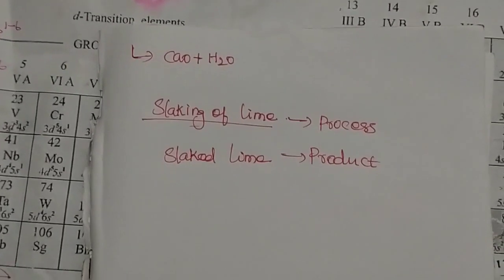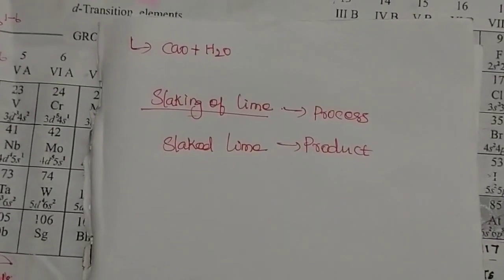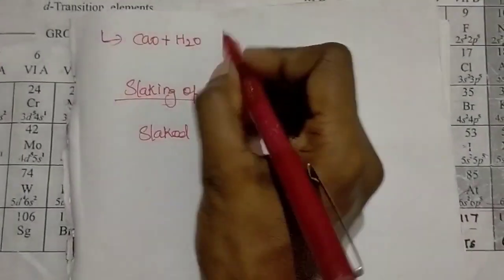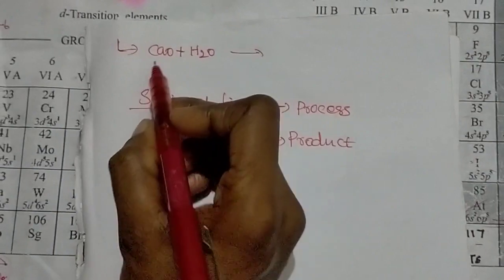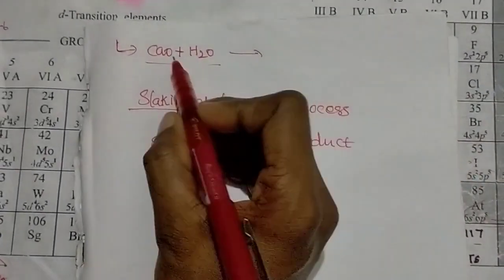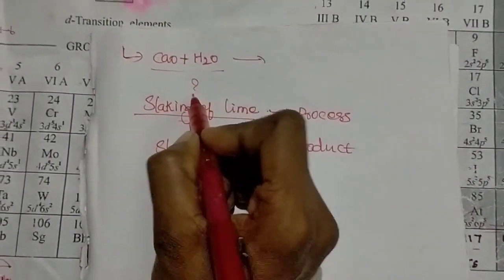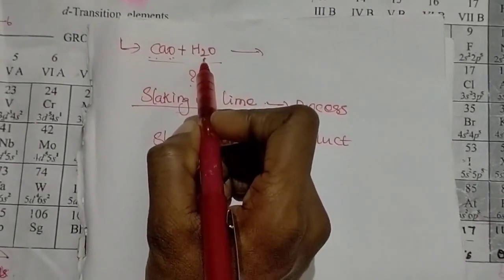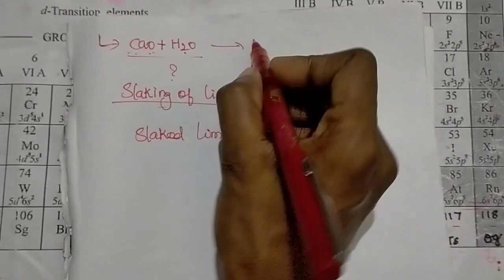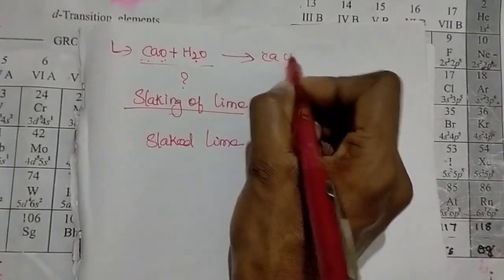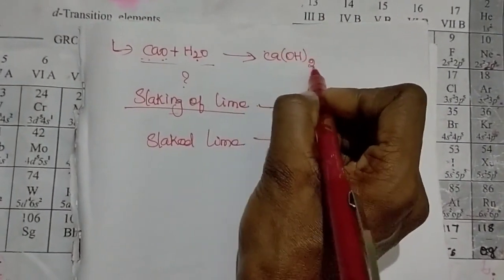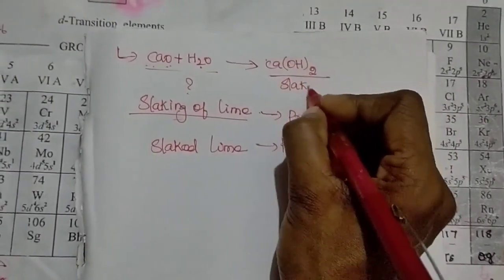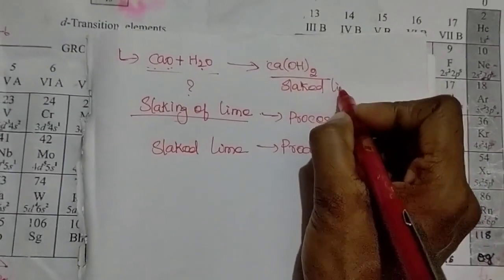Because of this slaking of lime, we get a product, that is slaked lime. Why is it called slaking of lime? The quicklime is combined with a specific amount of water, and because of that, it forms calcium hydroxide. This product is known as slaked lime.